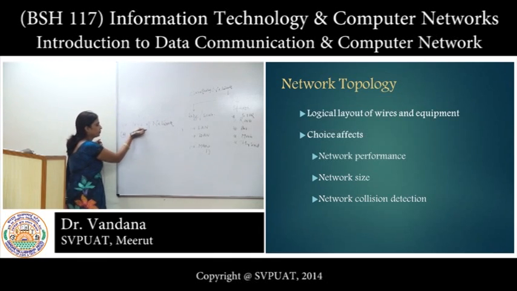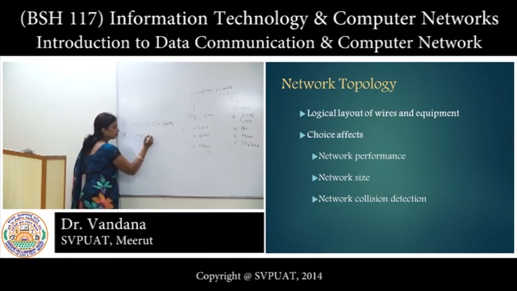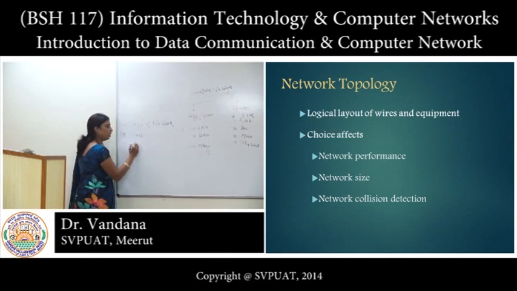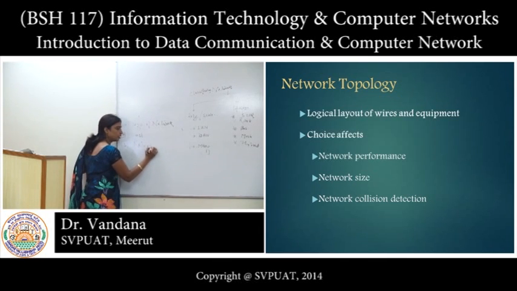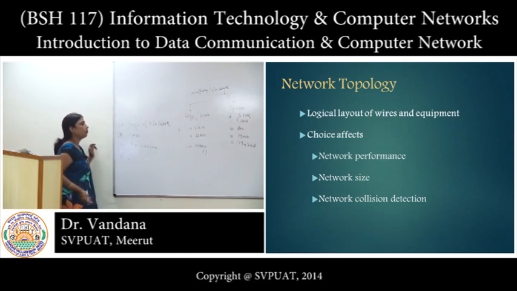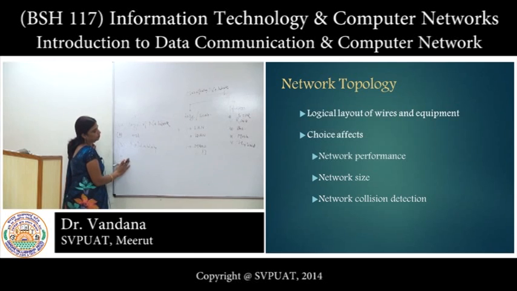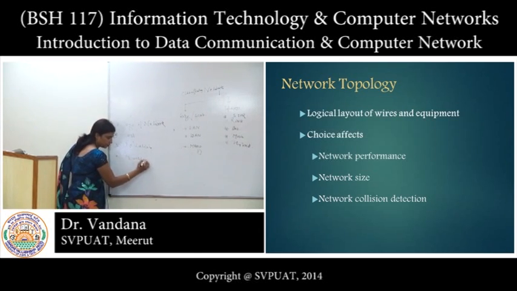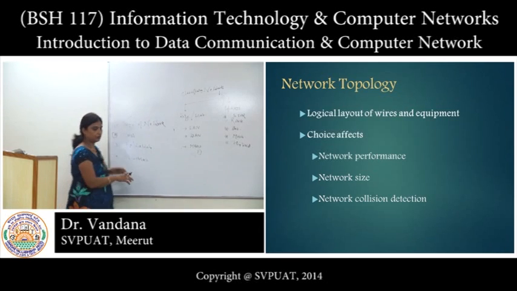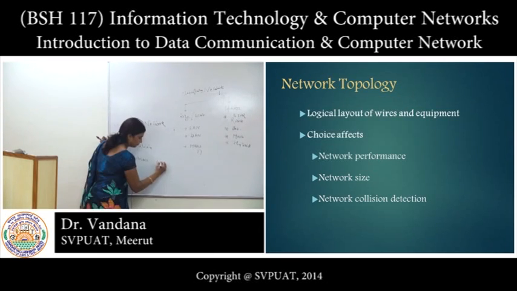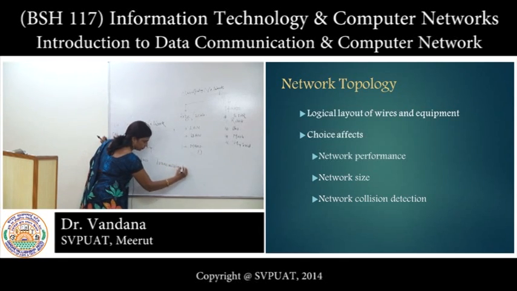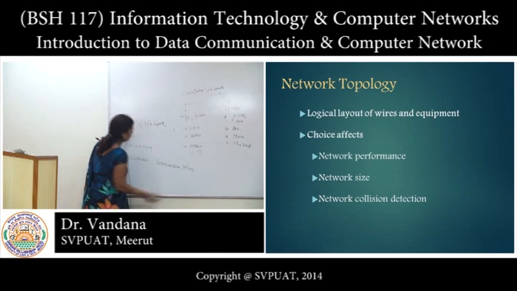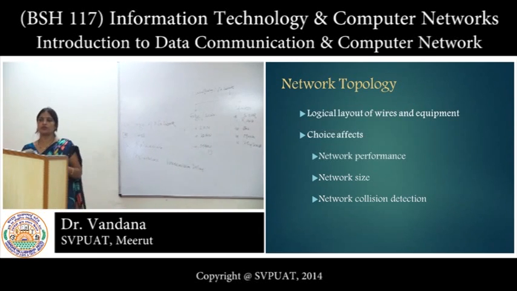Then cost. The third parameter could be how reliable the topology is, reliability. The selection of topology is also based upon the performance, that means transmission delay, etc. So this is our choice of which topology we should go with.